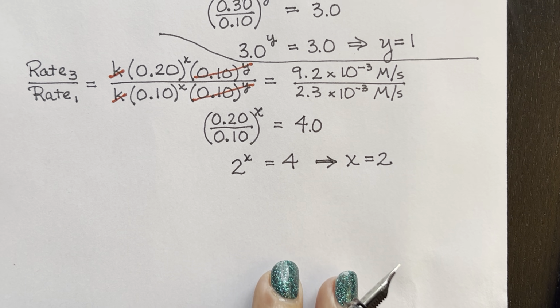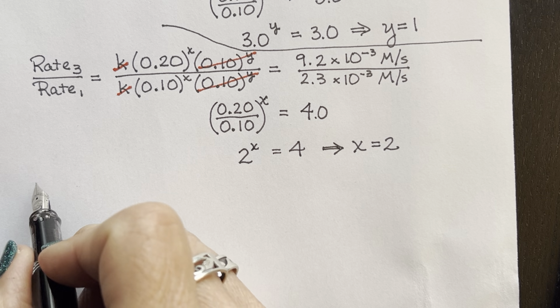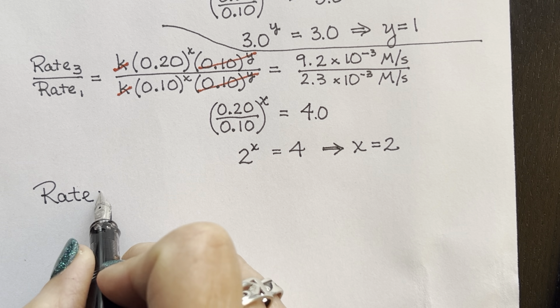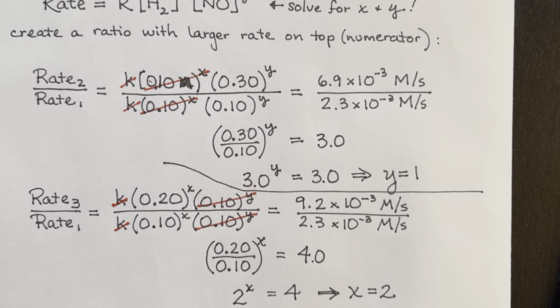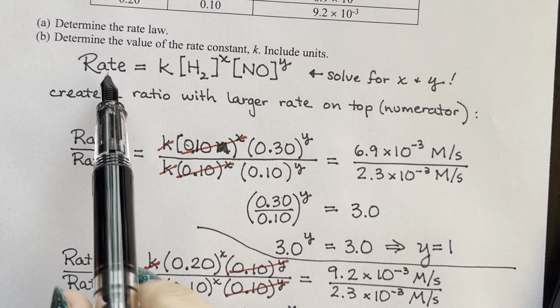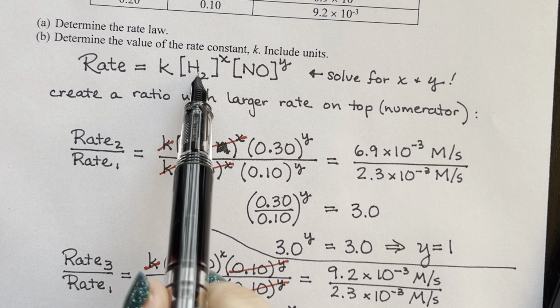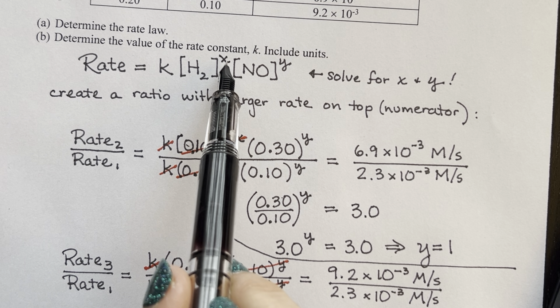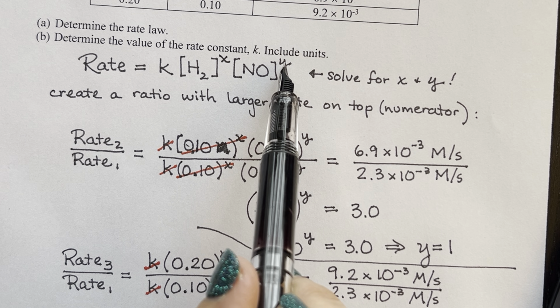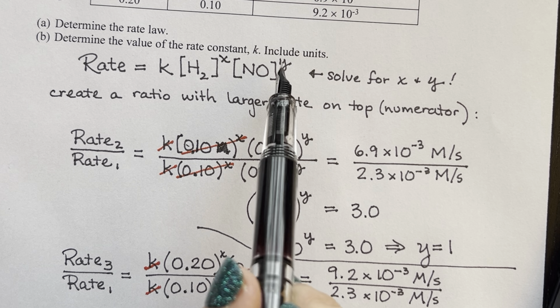Now we can go back to the original, generic form of the rate law, but now we can write it out given what we know. This is how we wrote it out in the beginning. Rate equals k times [H2] raised to the x, which we now know is 2, times the concentration of NO raised to the 1, where you don't even need to show it.